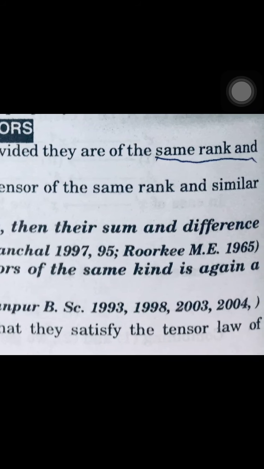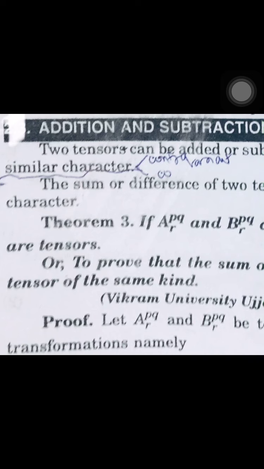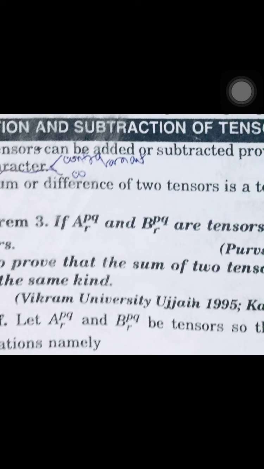Then their sum and difference are tensors, means the sum A^{PQ}_R plus B^{PQ}_R is again a tensor, and the same thing if we subtract, A^{PQ}_R minus B^{PQ}_R, again we get a tensor of the same rank.